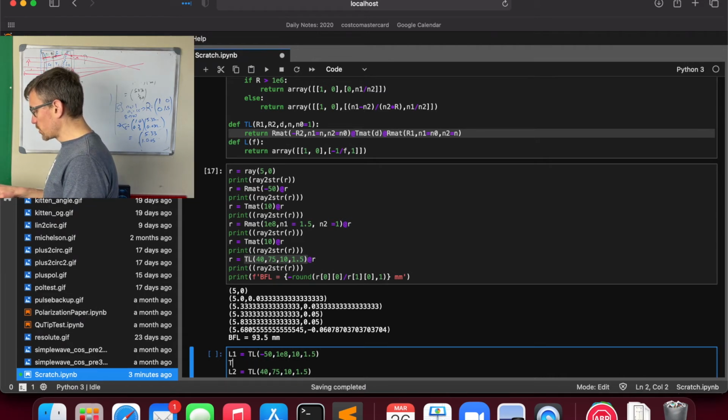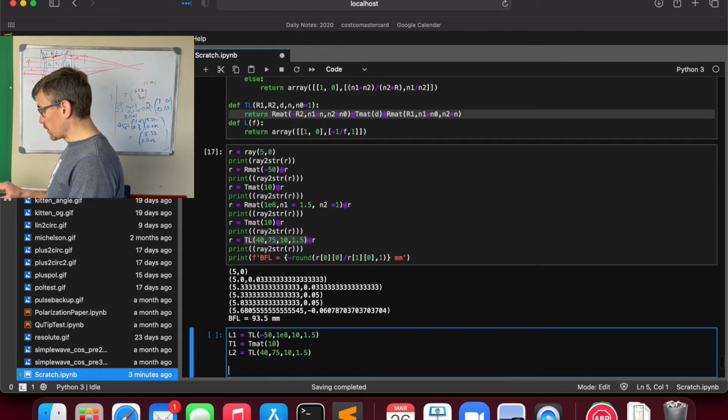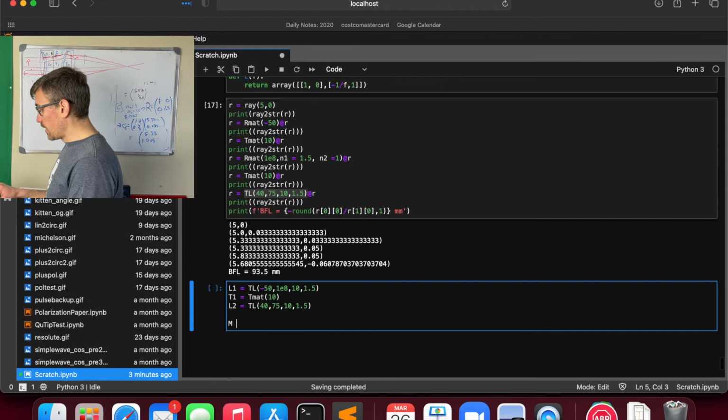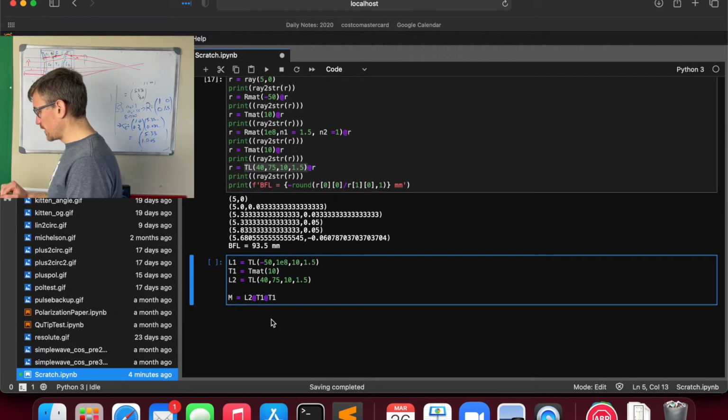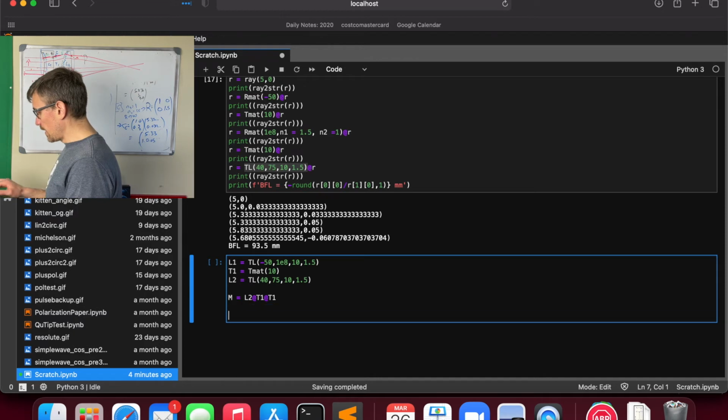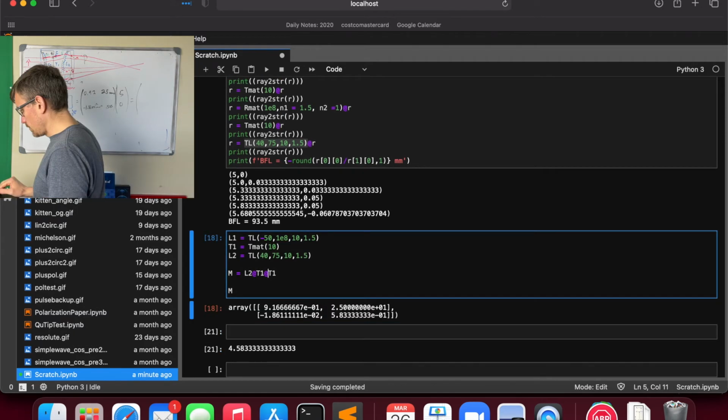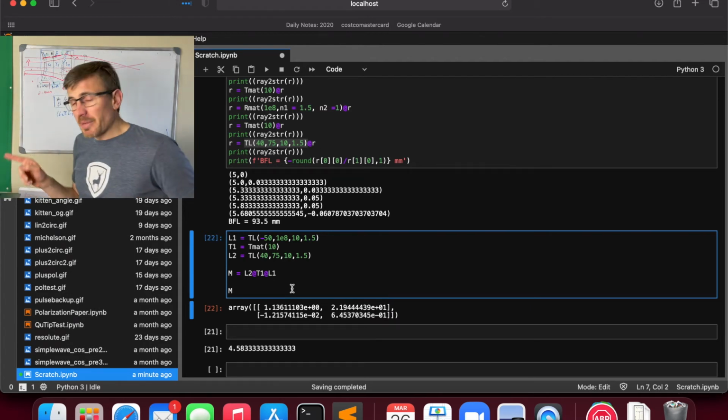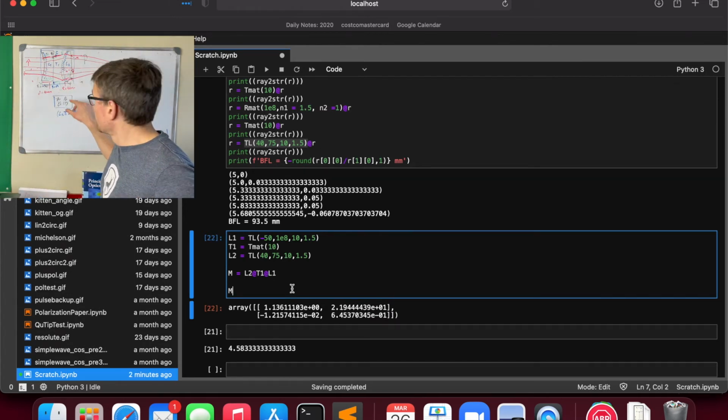And T1 was just our translation matrix for 10. So we'll call our whole system matrix here M. That's just going to be, as we said, L2 times T1 times L1, a matrix multiplication syntax here. And this is the matrix that I get corresponding to this entire system.